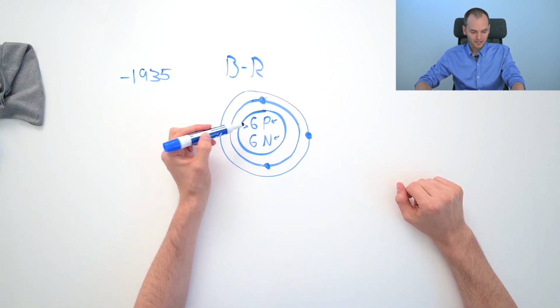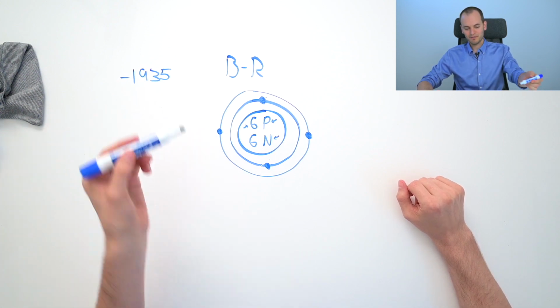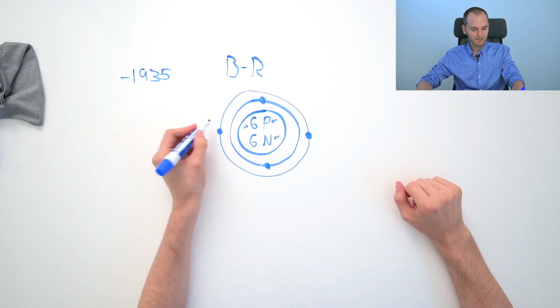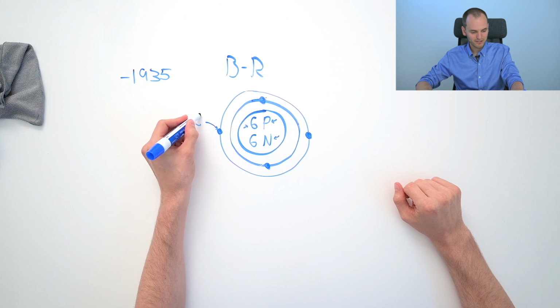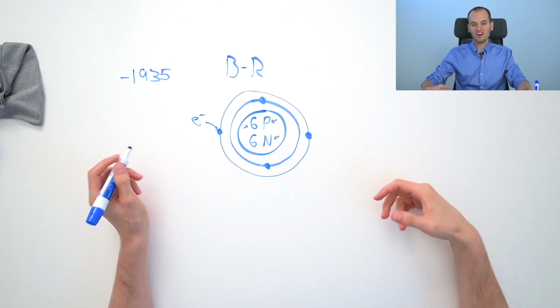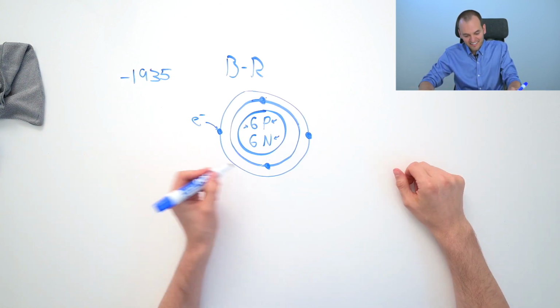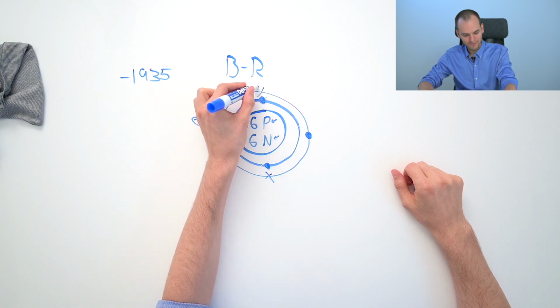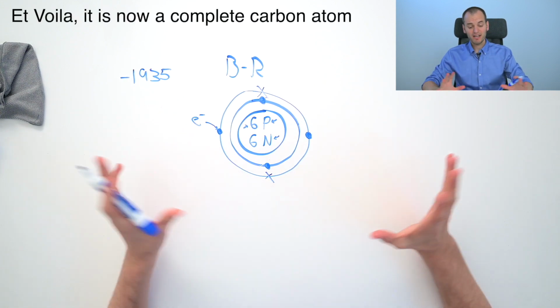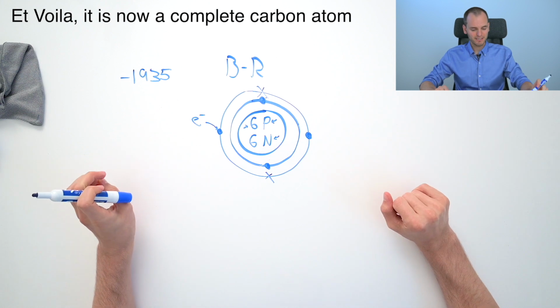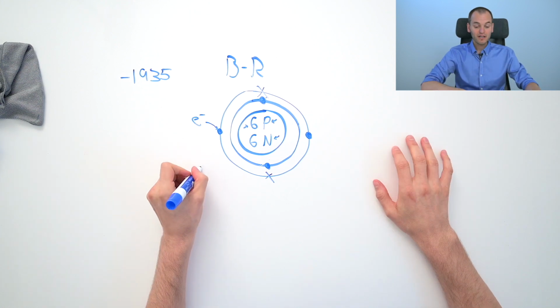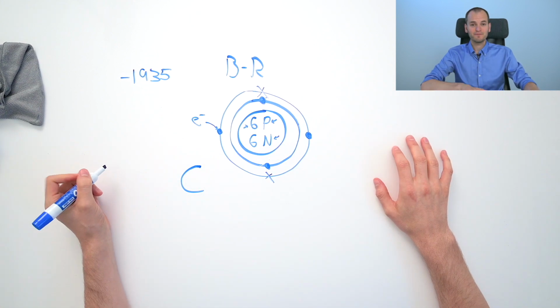You denote the number of protons or the number of neutrons with the number, and then you draw your electrons here. You can draw them as dots. You can also draw them as like X's. It really doesn't matter. And I'll be doing both, as you will see in future videos. So this is the Bohr-Rutherford diagram for carbon.